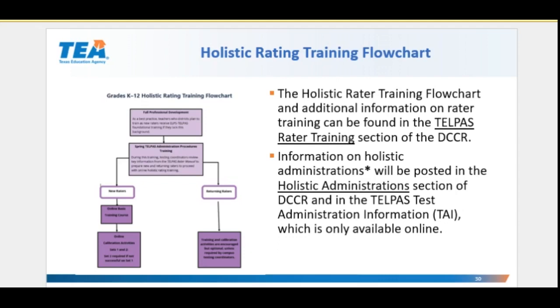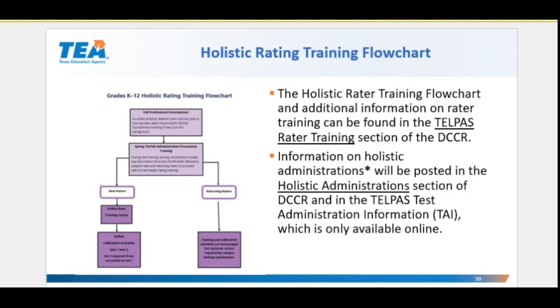Summary of spring rater training process. In the spring, new raters in grades K through 1 complete an online basic training course, which includes a training module for each language domain: listening, speaking, reading, and writing. There is one practice rating activity accompanying the training in which each language domain is represented.